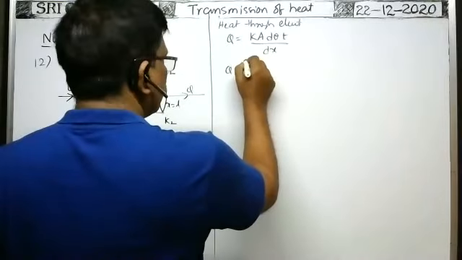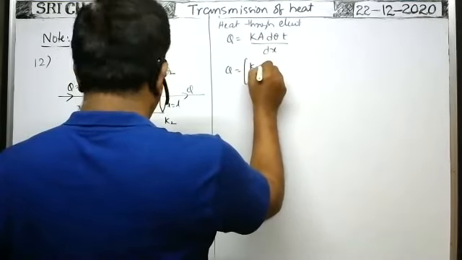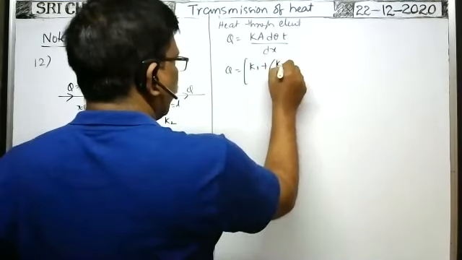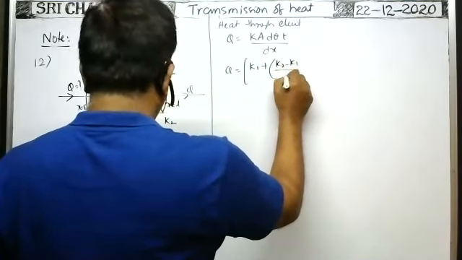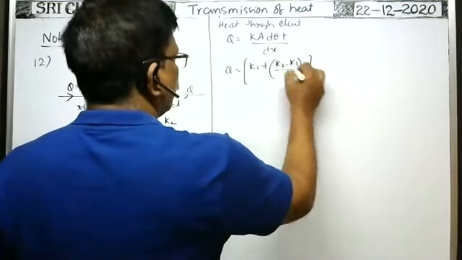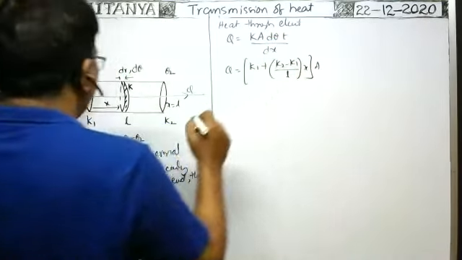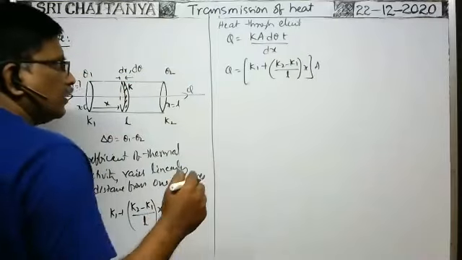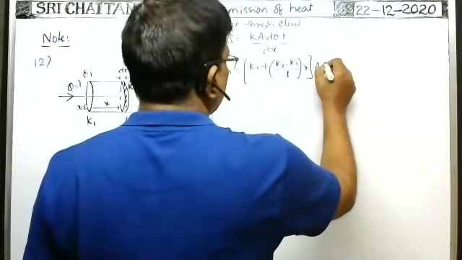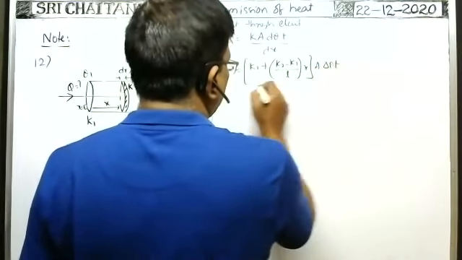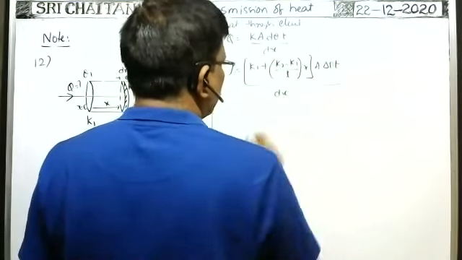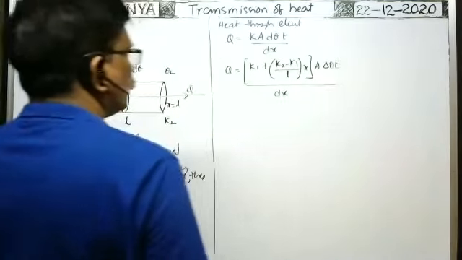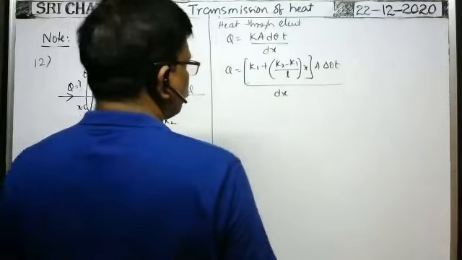K means K1 plus (K2 minus K1) by L into x, into the area of cross section. The area of cross section of each and every element remains the same because it is a uniform rod, into the temperature difference d theta by dx.